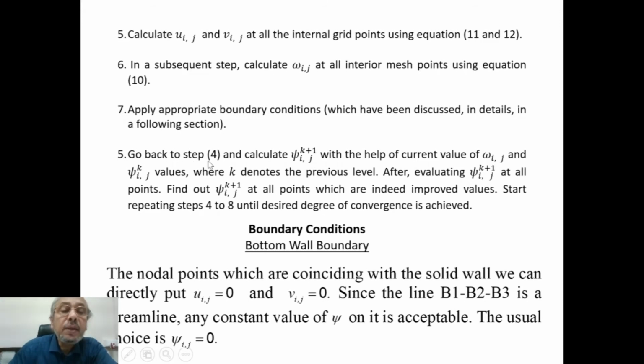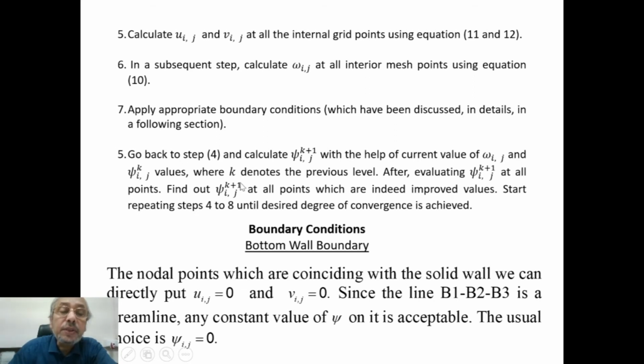Go back to step 4 and calculate psi ijk plus 1 with the help of the current value of omega ij and psi ijk values, where k denotes the previous level. After evaluating psi ijk plus 1 at all points, we find psi ijk plus 1 prime, which are indeed improved values.